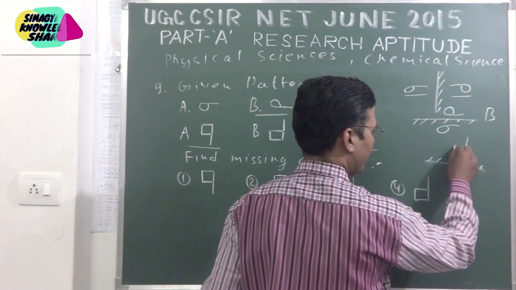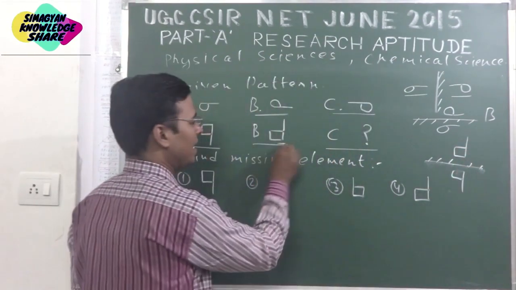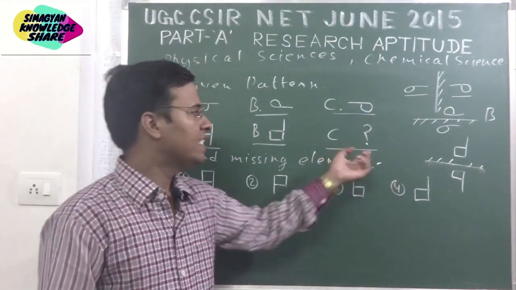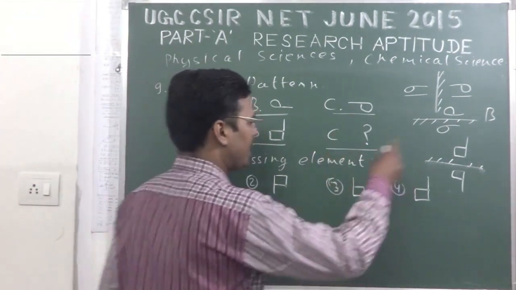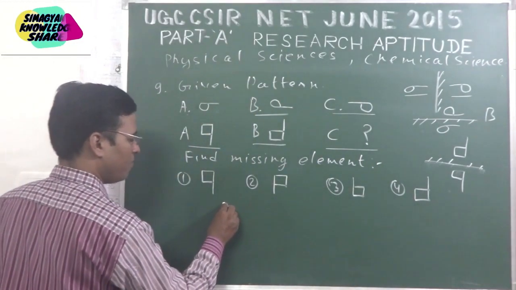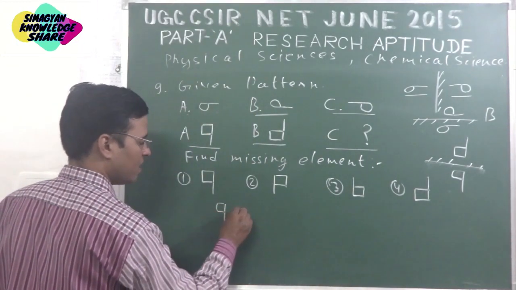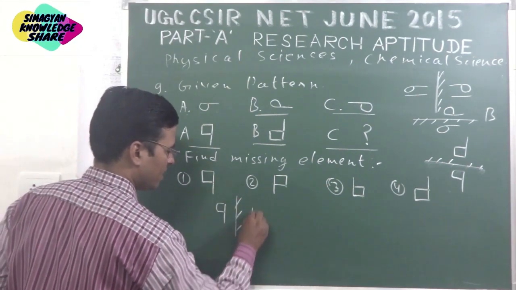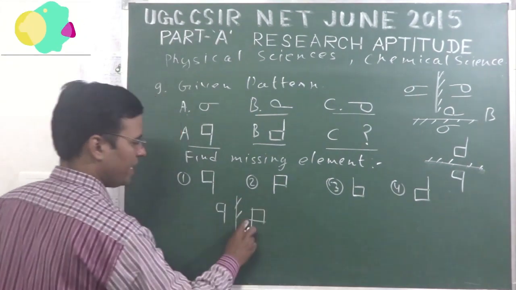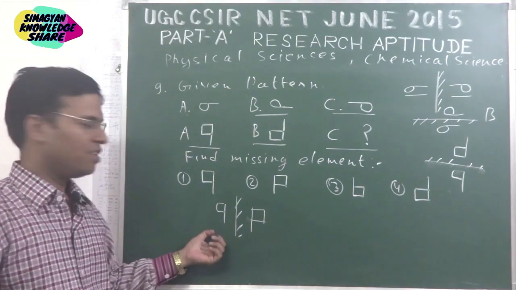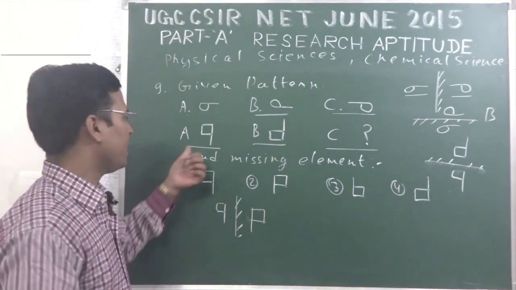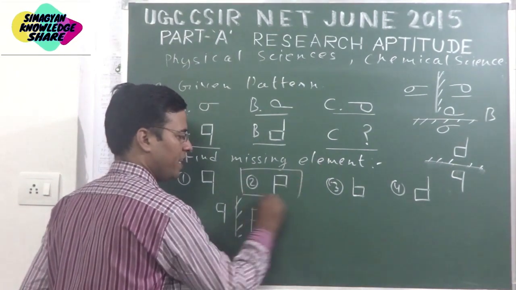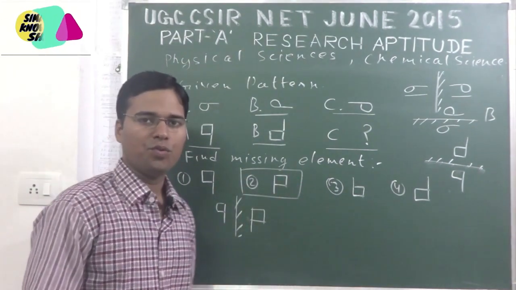Then the image would be formed like the part B. The unknown figure C we can get by configuring the mirror vertically. Then the answer figure would be the mirror image of this figure A. So the correct answer of this problem would be option 2.